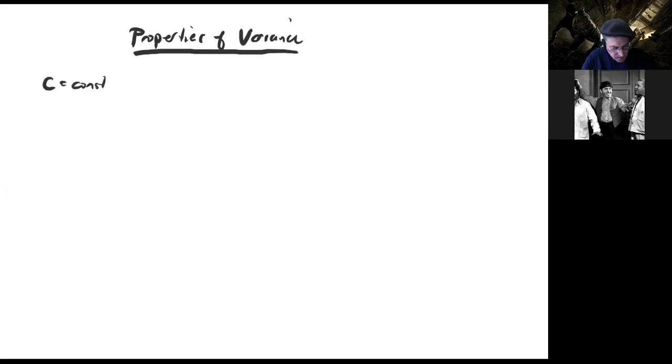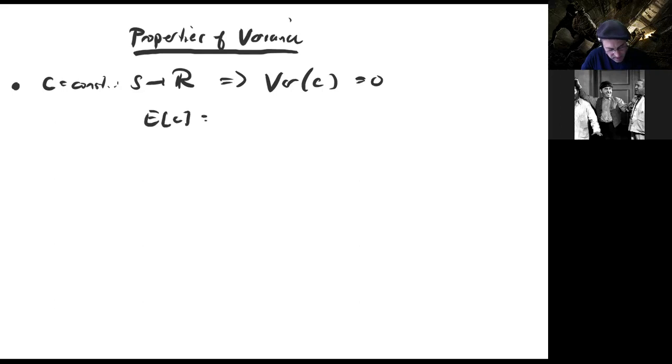Okay, so I'm going to talk about properties of the variance. These are important properties that can be used. First of all, if c is a constant, so you can think of that as a random variable on the sample space, then the variance of the constant c is equal to 0. Why is that? Because the expected value of the constant is just the constant.